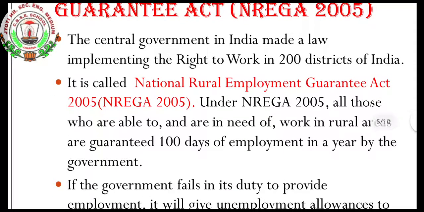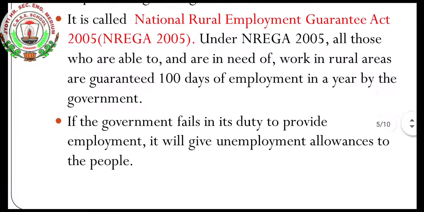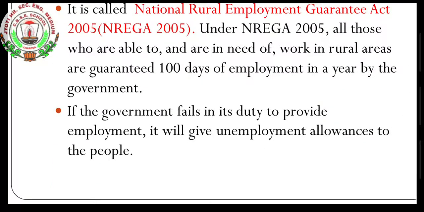So what was given by the government? A guarantee of 100 days of employment in a year. If the government fails in its duty to provide employment, it will give an unemployment allowance to the people.